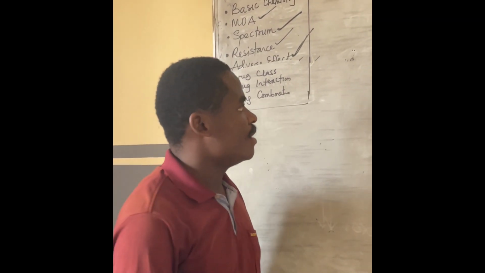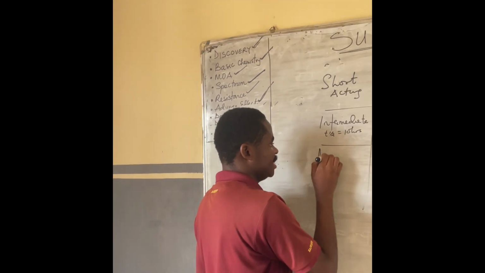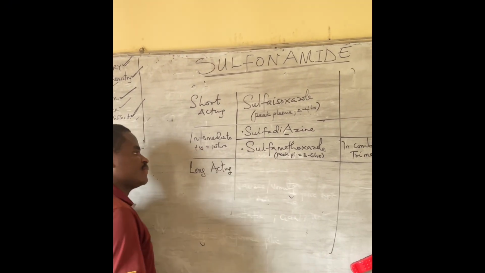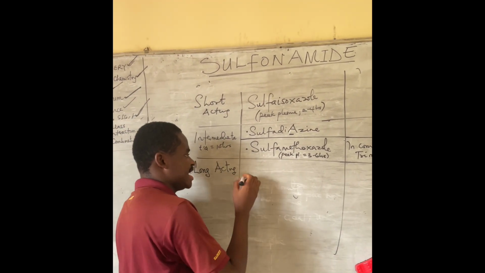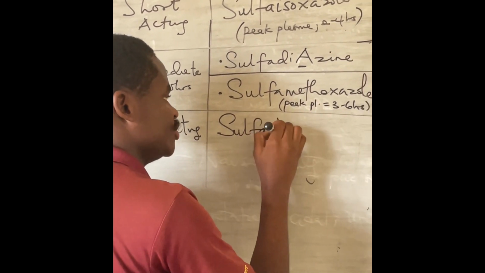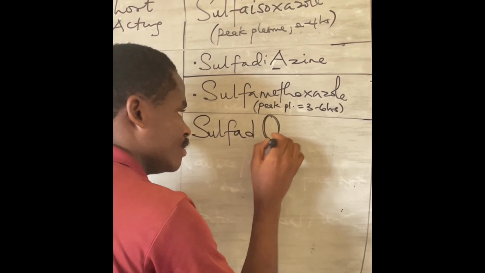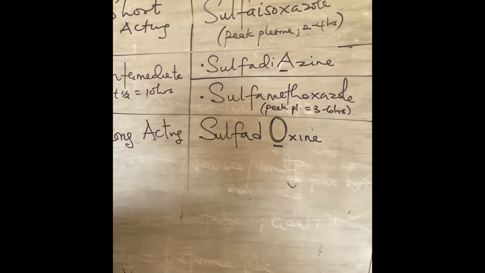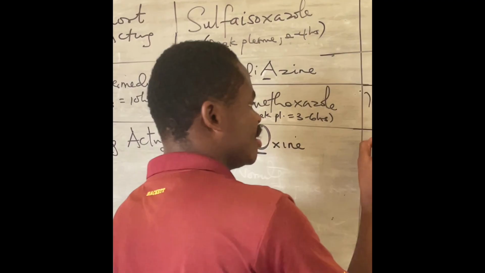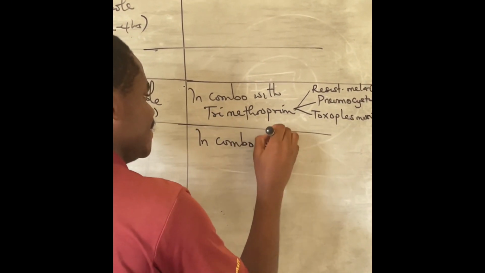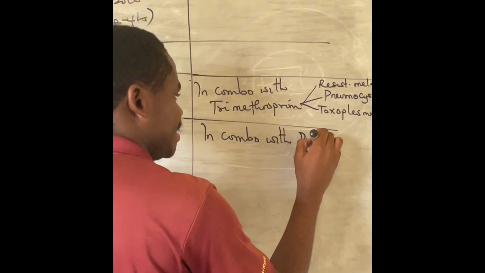Okay. So the next drugs here are the long acting. For long acting, we have drugs like sulfadoxine. So watch this. Sulfadoxine has been used in combination with pyrimethamine.